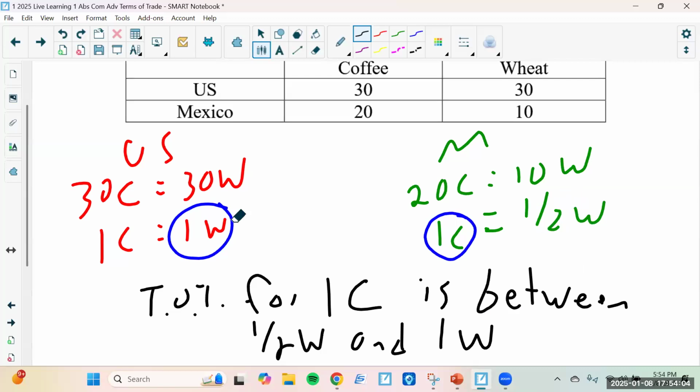The most we will give away is one wheat. The least they will accept is a half a wheat. And guys, when you do terms of trade, it really is this easy. It's just between the two numbers here.